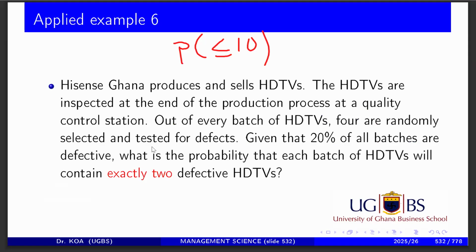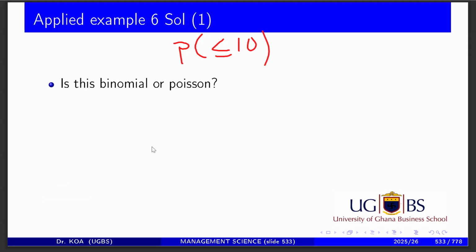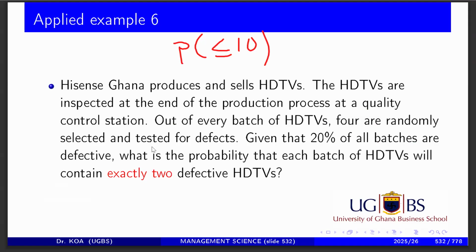Let's look at the next one. We won't solve this. We'll just find out. Is this binomial or Poisson? Looking at this, is it binomial or Poisson?